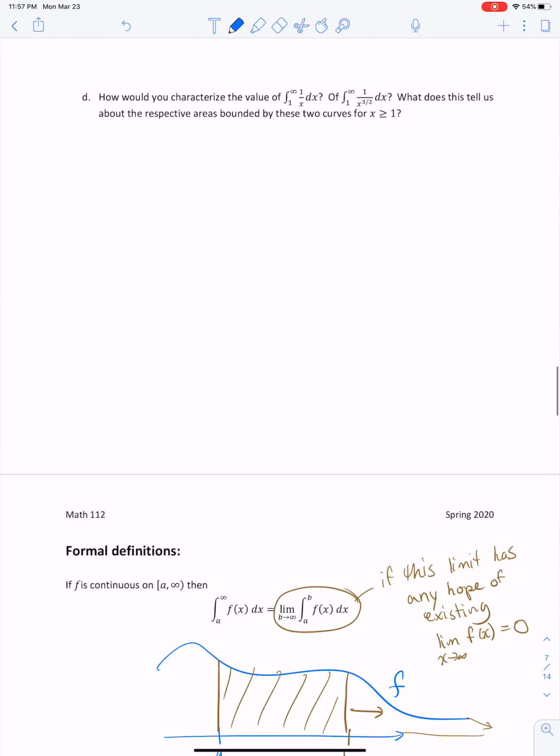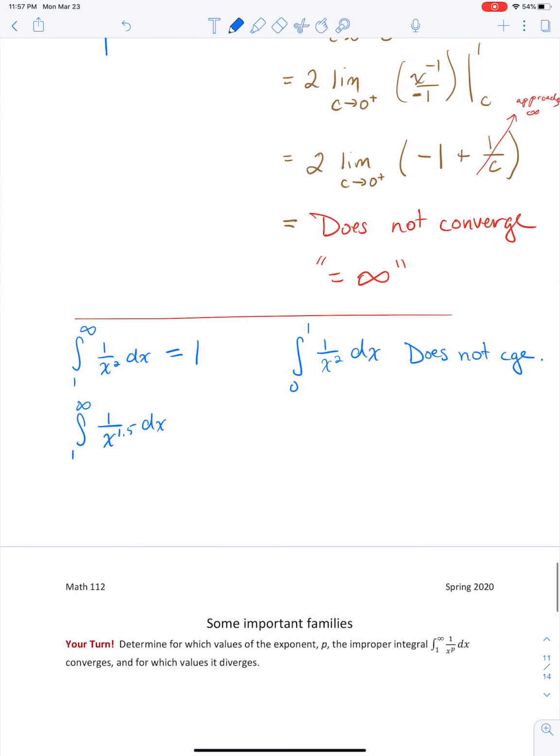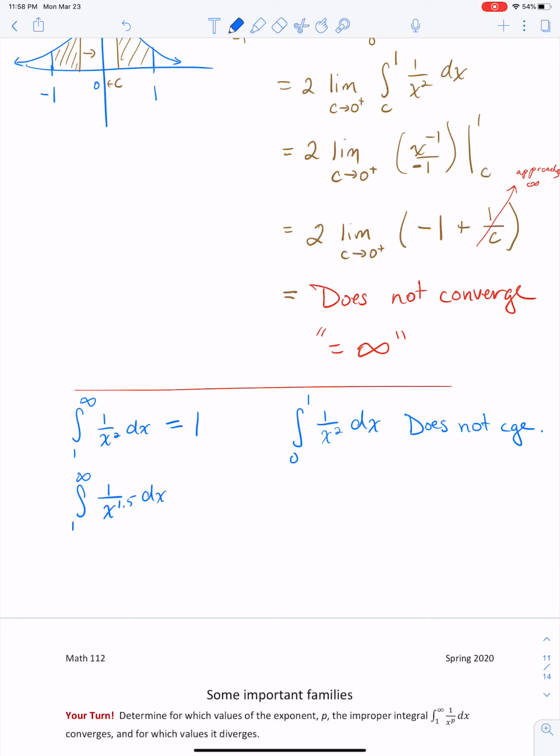Right, so that was 2. So this did converge as well, but we saw that the integral from 1 to infinity of 1 over x dx did not converge.